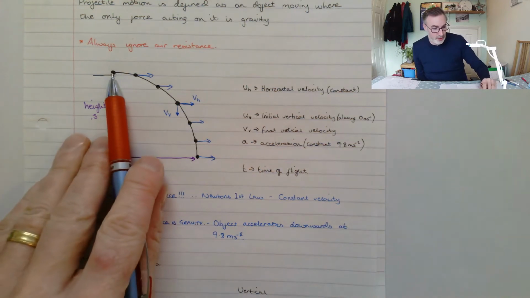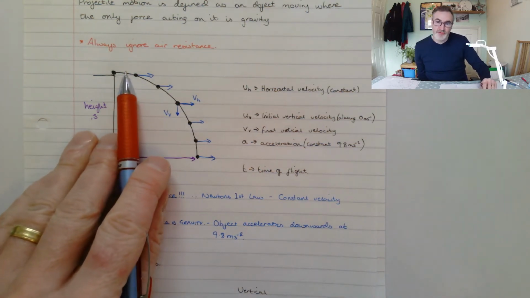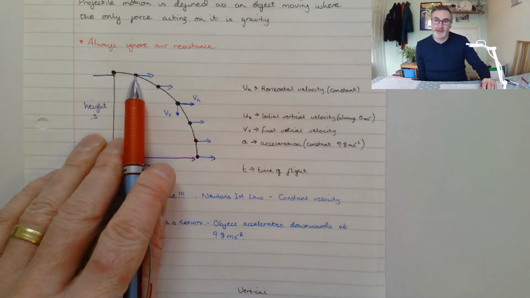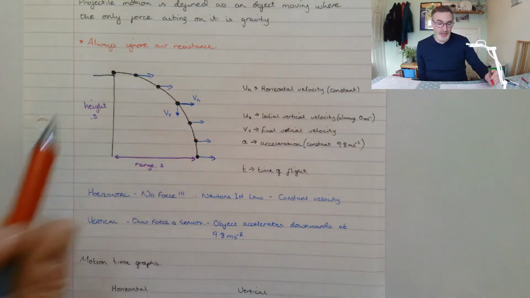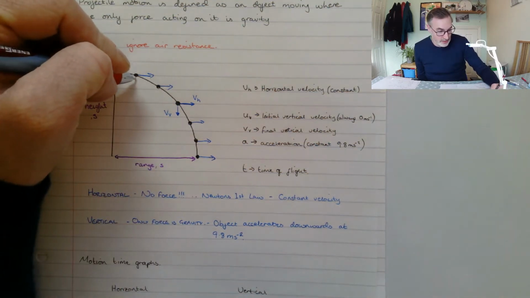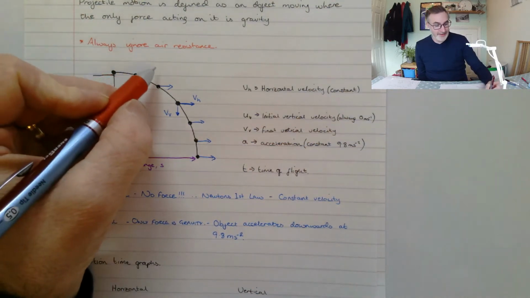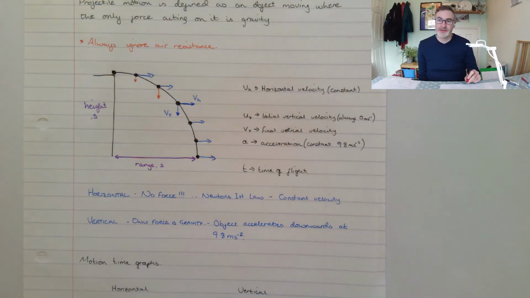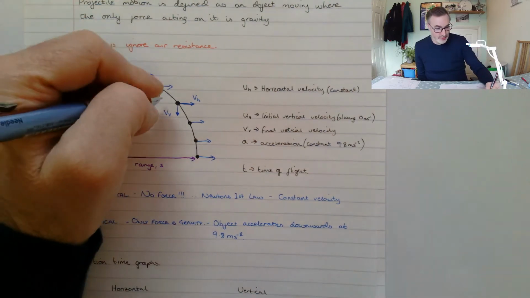So if this had been falling for 1 second, by the time it got to here the vertical velocity would be 9.8 meters per second. After the second second, it's going to be 19.6 meters per second.